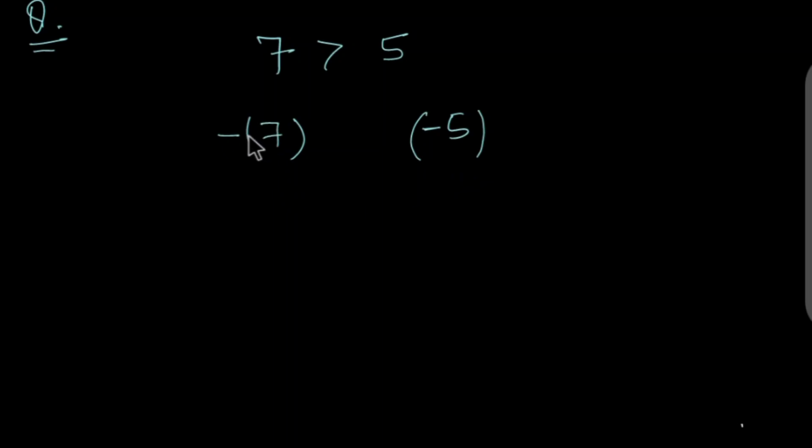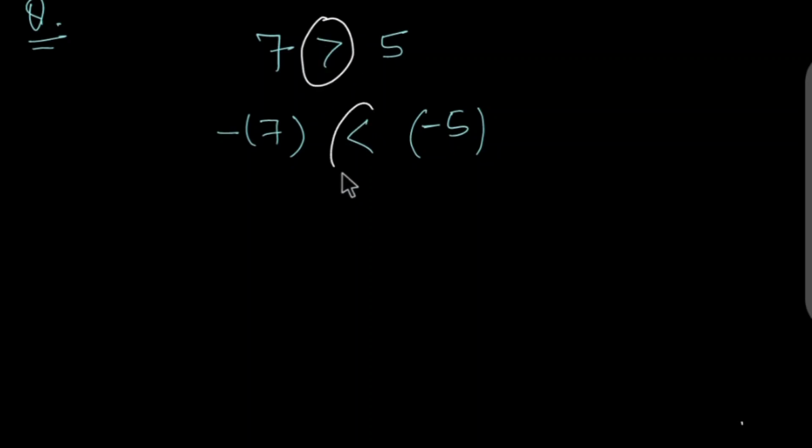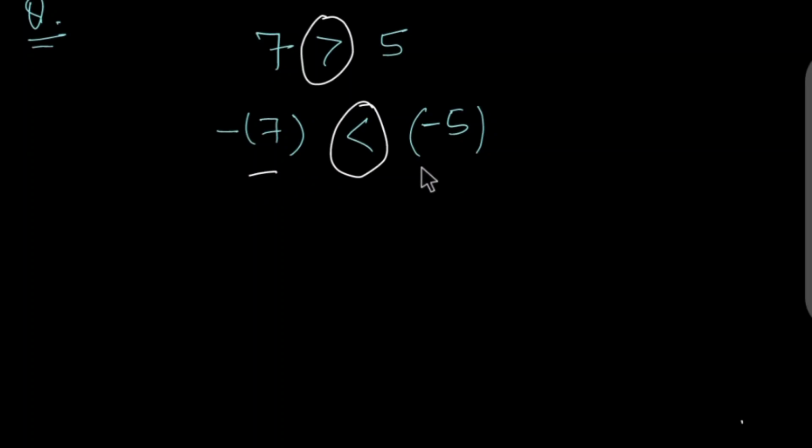So when we multiply both sides by a negative number, the sign of inequation changes. Here this is greater than and this is less than. So whenever we multiply or divide both sides by negative numbers, the sign of inequations changes.